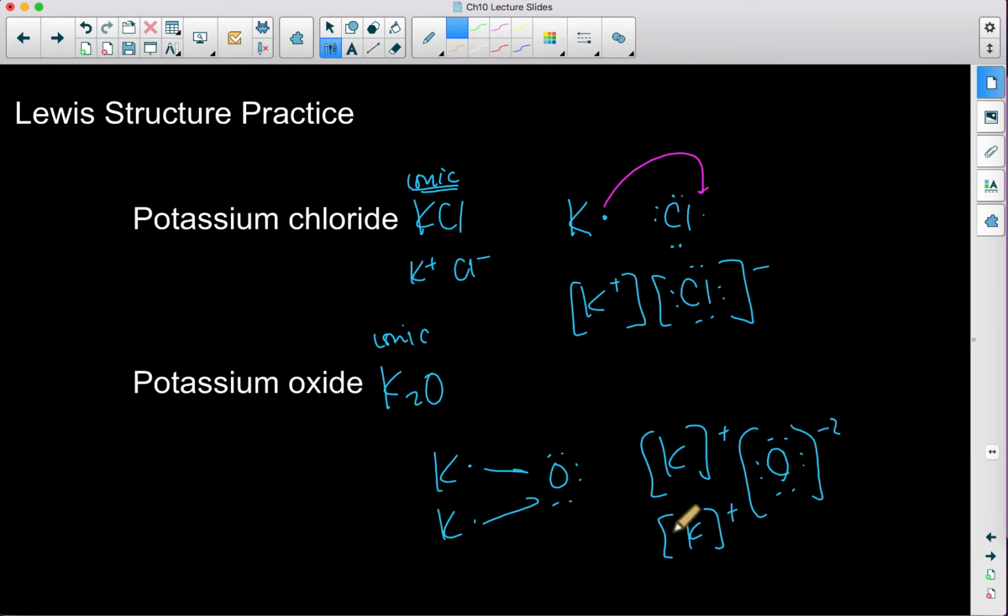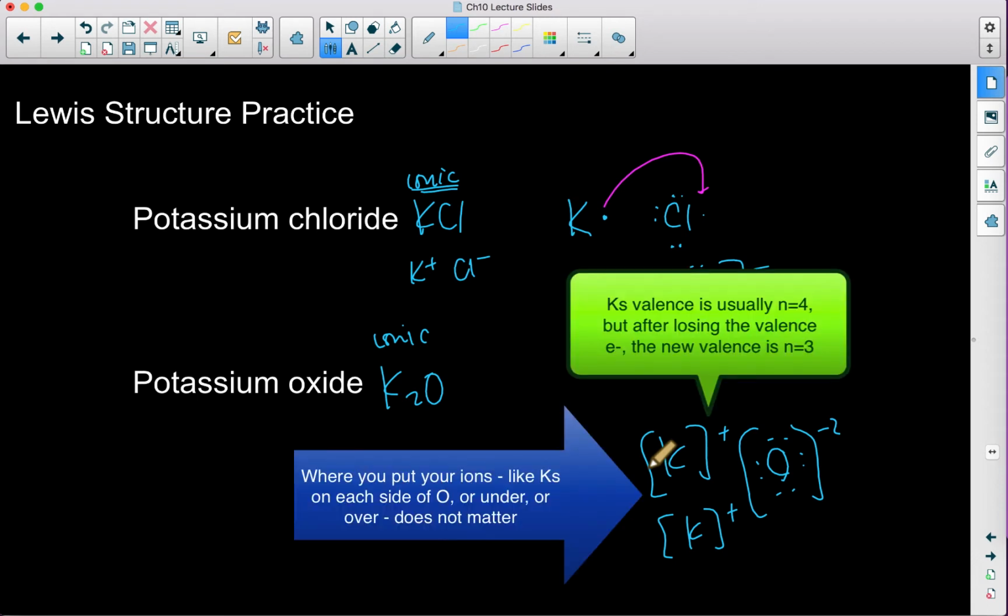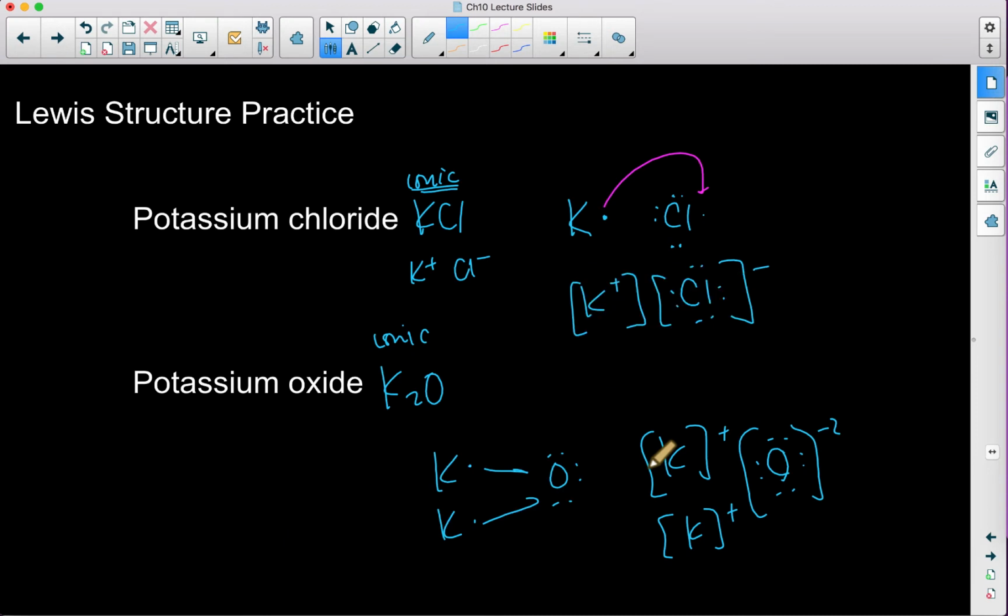Now, don't forget that once we lose those valence electrons, we're not going to draw 8 here, because we're going to show that its original valence is empty. Now it does have a full valence because its valence is now technically the shell inside. Make sense? All right, next up.